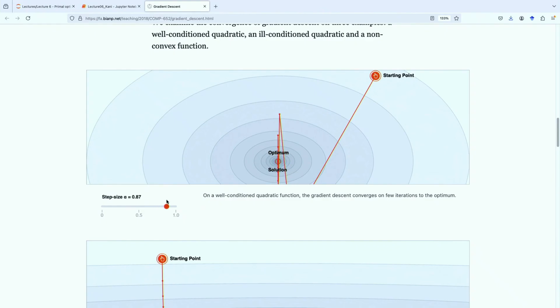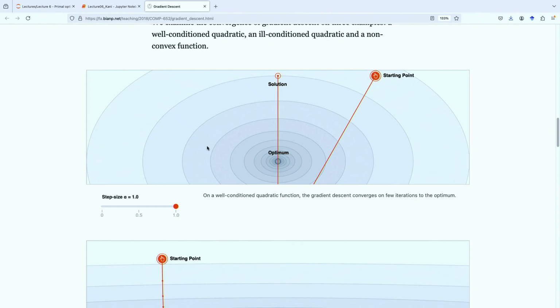Right here, you can see it goes down somewhere here, and then it takes another step, and then it shoots way past the minima, goes up here, and then takes another step, shoots past the minima, and then oscillates back down. And of course, if the step size is too big, then it will never find its way back to the minima. It will just be unstable forever and go out of control.